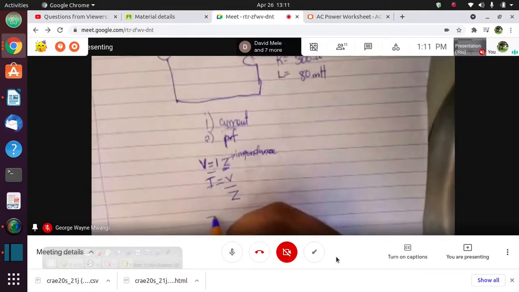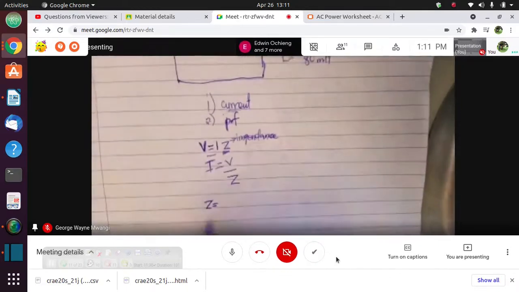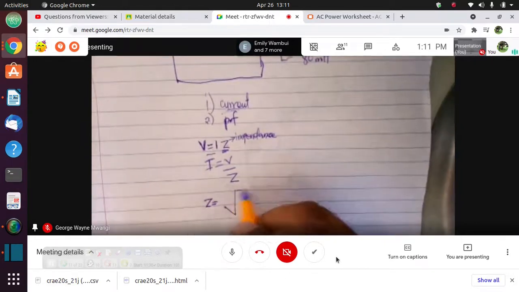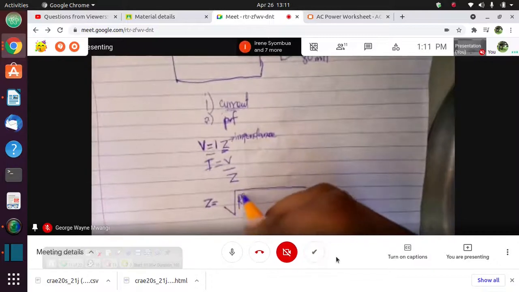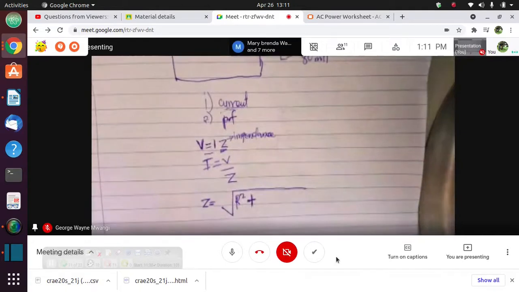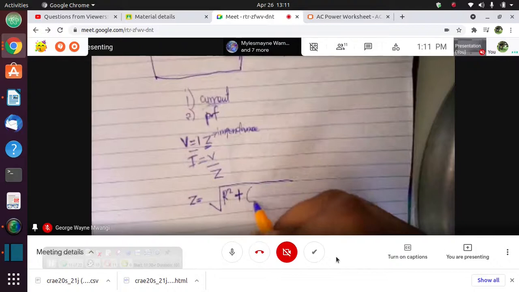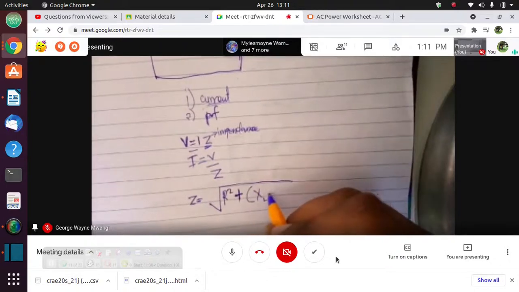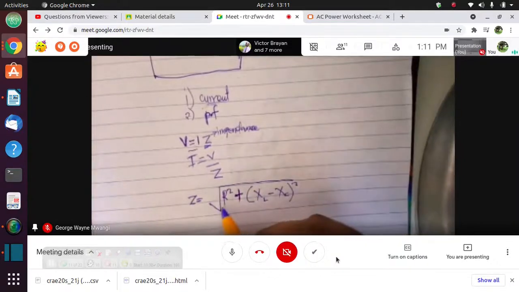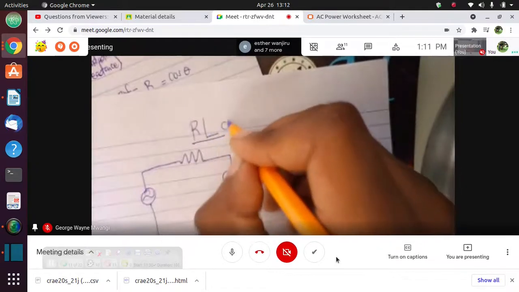Now, how do we find the impedance in these circuits? How were we finding impedance? You take the value of the resistance plus. Now, when you're finding the value of impedance, what I want you to understand is that this is an RL circuit, a resistor inductor circuit.